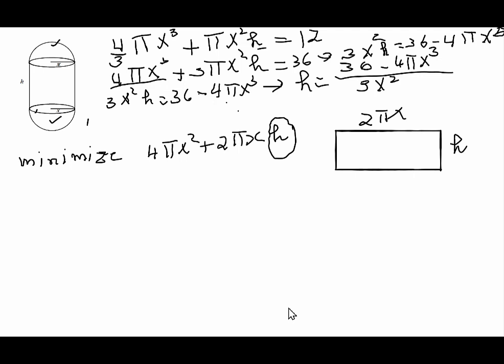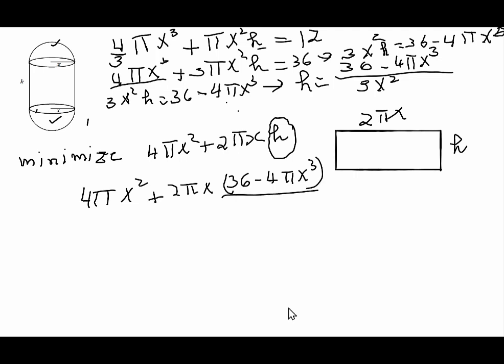Now if we substitute this value of h in here, what do we get? 4 pi x square, then we have 2 pi x, and h is going to be 36 minus 4 pi x cubed divided by 3 pi x square.